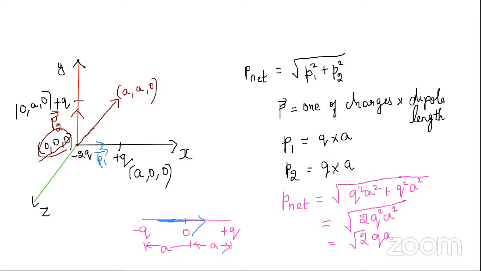Why is it so? Because P1 is along this direction and P2 is along this direction, so the net is given by this direction. So it is along the line joining x equal to 0, y equal to 0, z equal to 0, and x equal to a, y equal to a, and z equal to 0. That is option B.